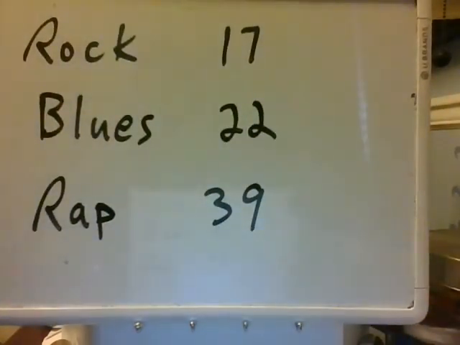The next one I'm going to do is, let's say that you've got 3 different types of music: rock, blues, and rap. And these are the amount of people that like each. What's the probability of picking somebody who likes that genre of music? You're going to do the same as the last one. You're going to add these up, divide each of these by that total, and you're going to get your probability.